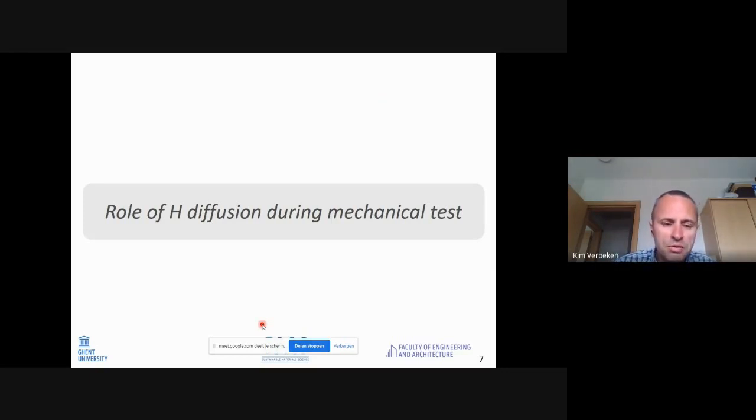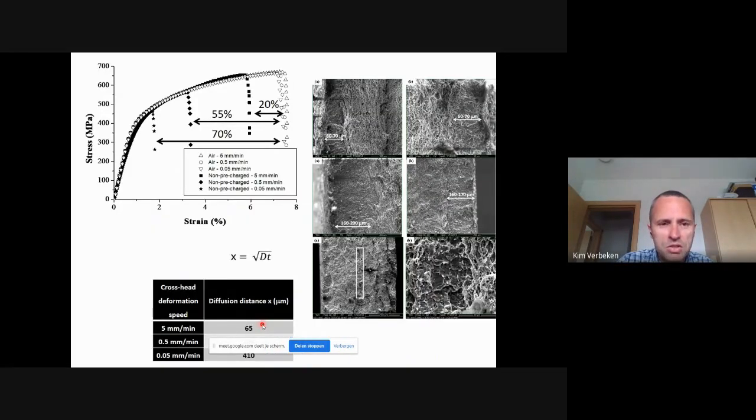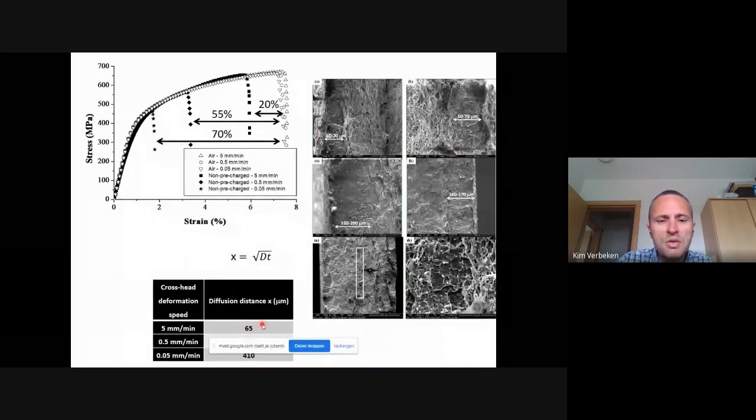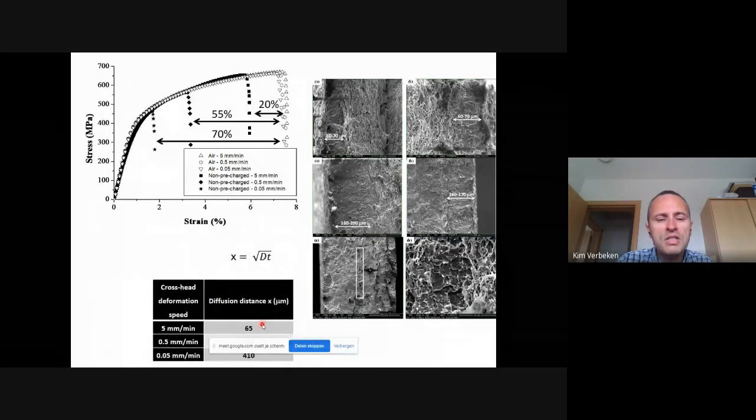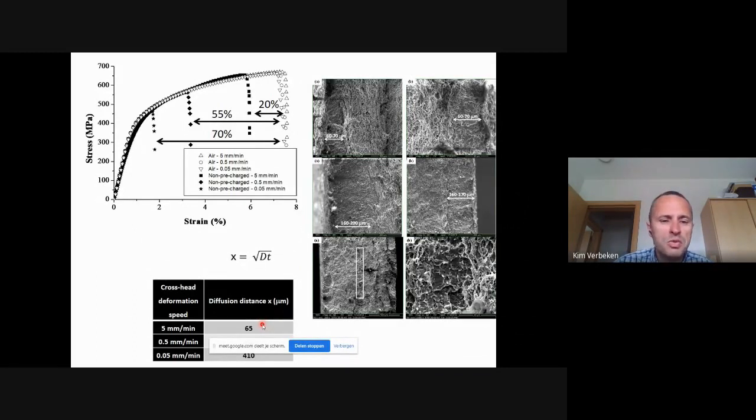There is a lot of information on this slide. Here we did several tests on a DP steel, a dual phase steel, an industrial material containing ferrite and martensite. In this steel we did tests in air and we did tests on samples which were non-pre-charged.